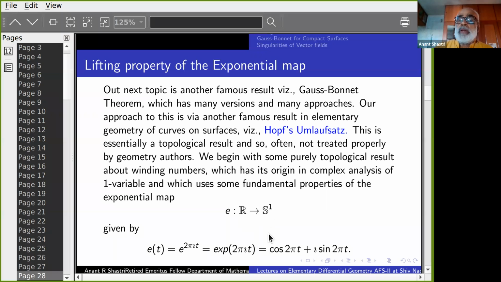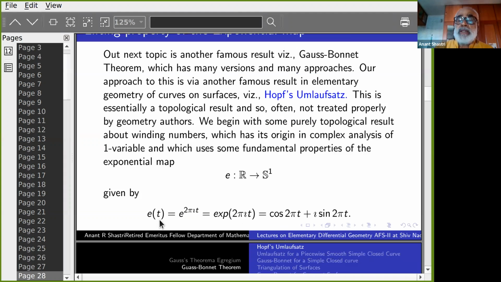So that is why you get a function from R. But now the range will become just the unit circle. So what is this function? I am writing it as e(t) for simple notation. It is e raised to 2 pi i t, which sometimes I may write as exponential of 2 pi i t. Okay, which is cos 2 pi t plus i sin 2 pi t. So various ways of writing this down.